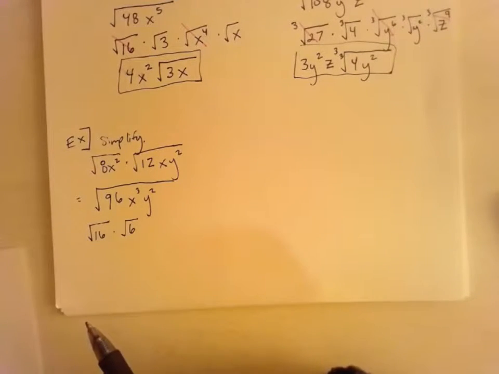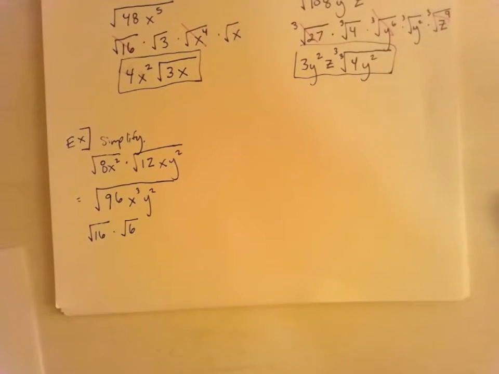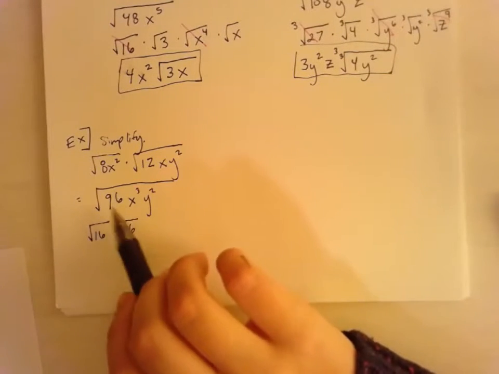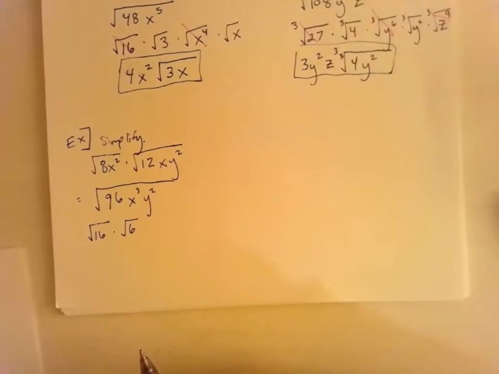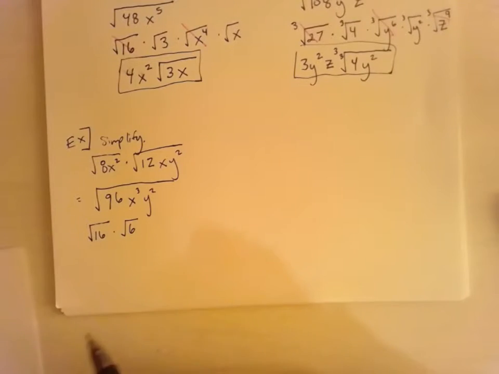And a quicker way to find these multiples is to take the number 96 and just start dividing it by perfect squares. Start dividing it by 4, by 9, by 16, by 25, by 36, and just keep dividing by perfect squares until you find the biggest one that fits in there. And then use that perfect square and put it as a factor because it will simplify.